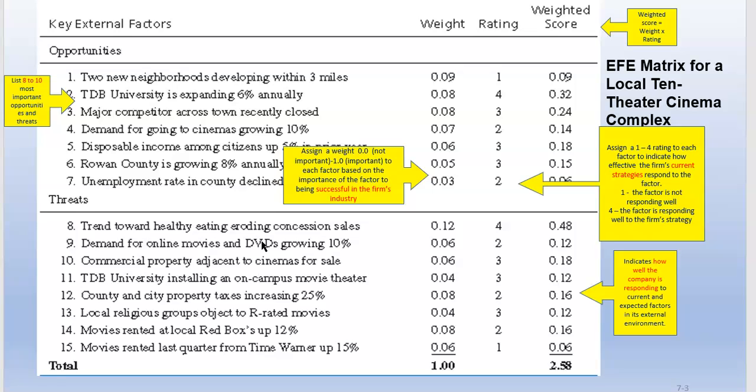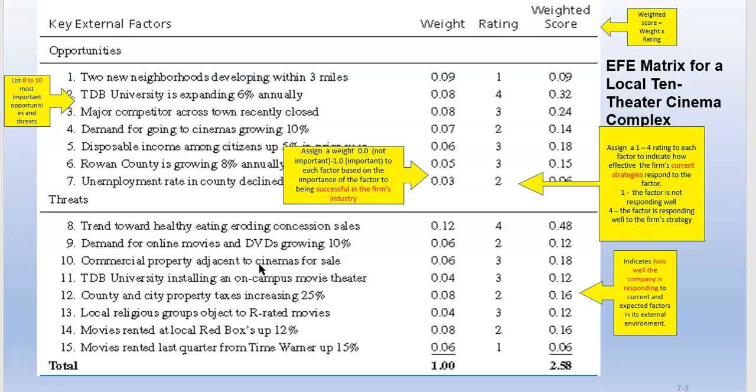And also note that you may have the rating of 1, 2, 3, 4 anywhere down the rating column. Observe also that the factors are stated in quantitative terms as far as possible, rather than being stated in vague terms.